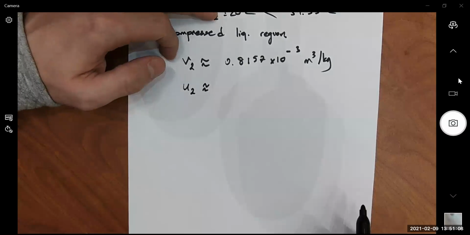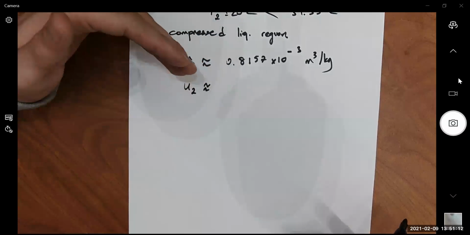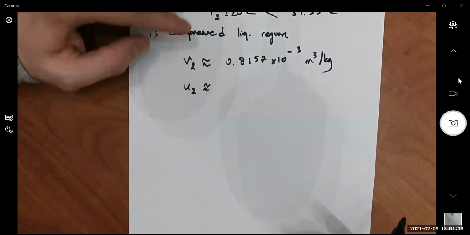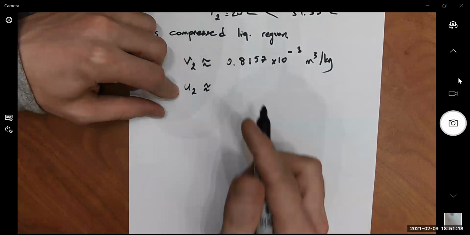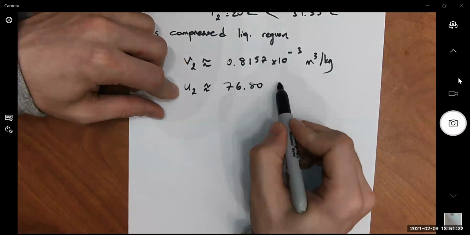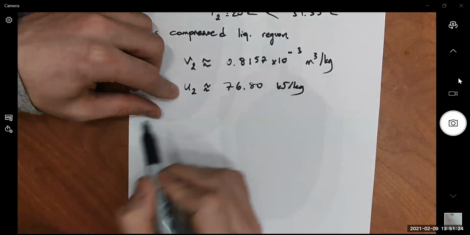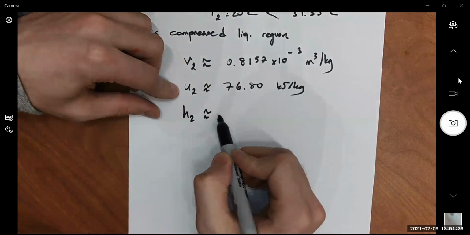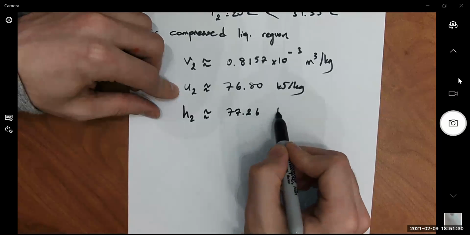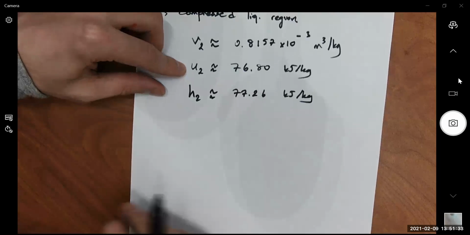Remember, in the compressed liquid region, properties are only a function of temperature. At 20 Celsius, internal energy will be 76.80 kilojoules per kilogram. Enthalpy approximately 77.26 kilojoules per kilogram.